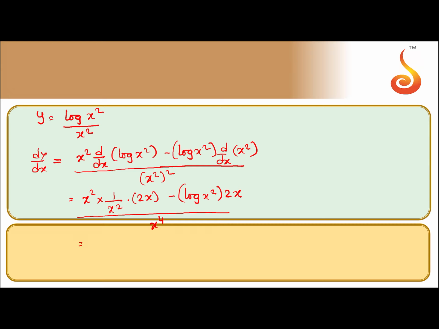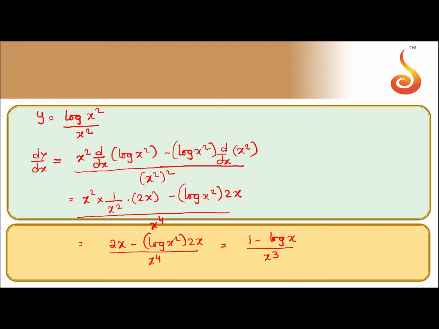So x squared cancels, we get 2x minus log x squared into 2x by x to the power 4. This can again be written as x can be cancelled, 2 can be cancelled. You get 1 minus log x by x cube.